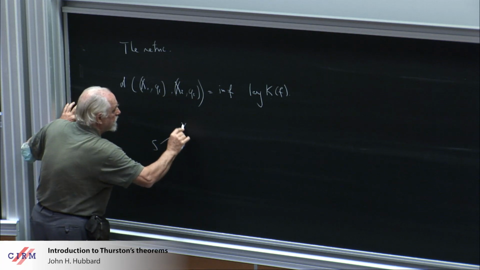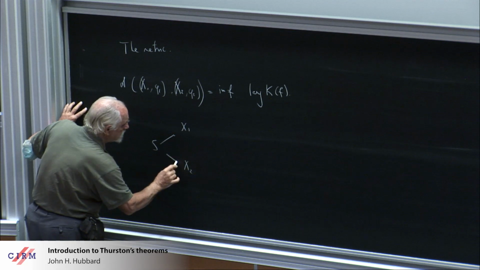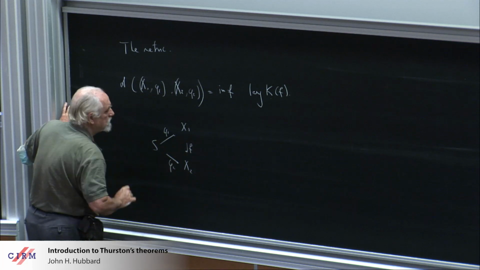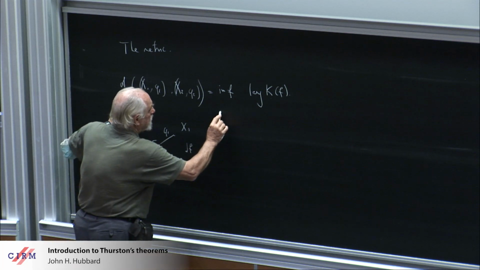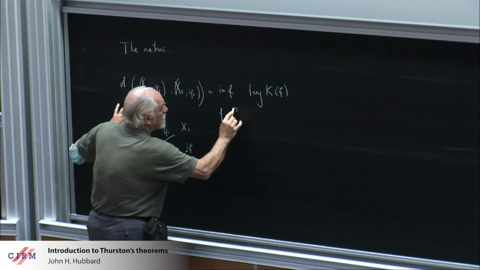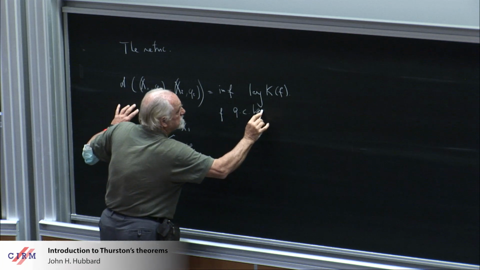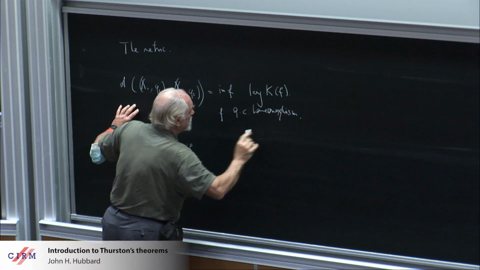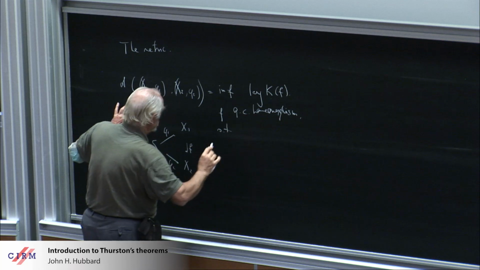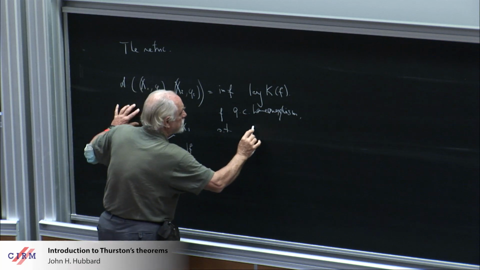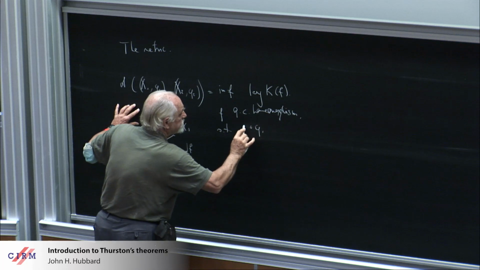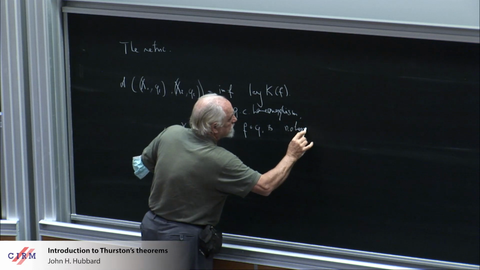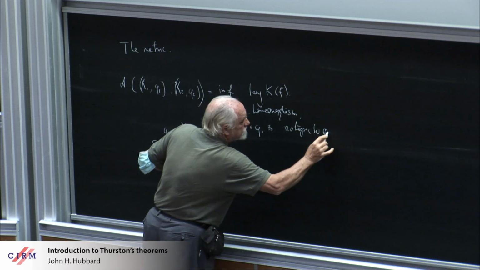S, X1, X2, f, phi 1, phi 2, f a quasi-conformal homeomorphism, such that first phi 1 and then f is isotopic to phi 2.